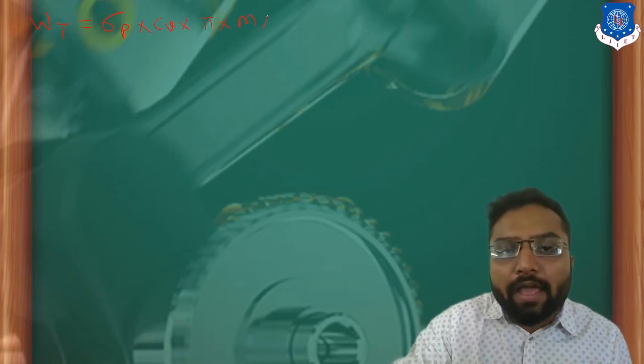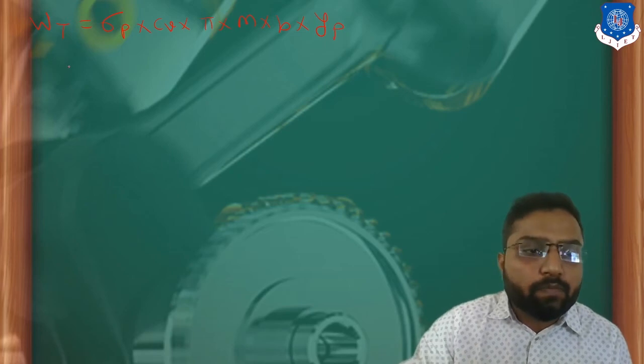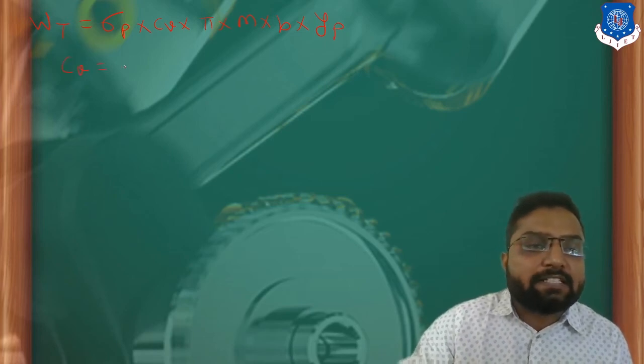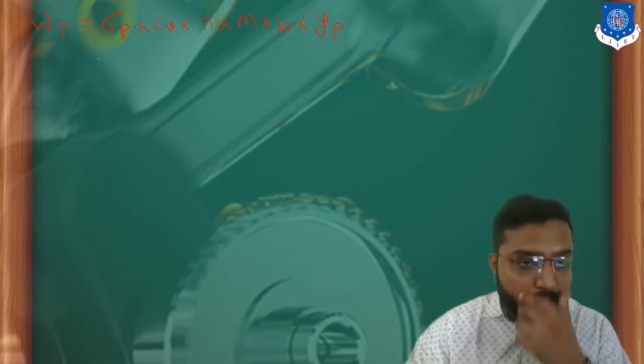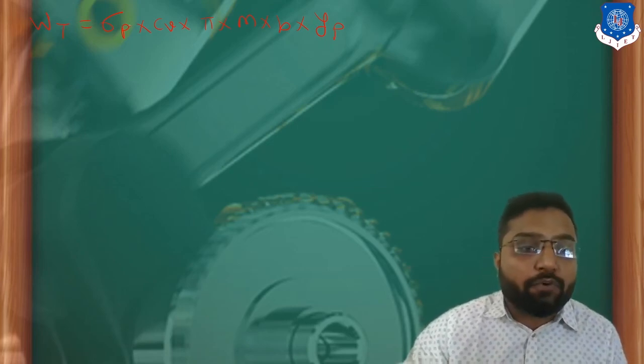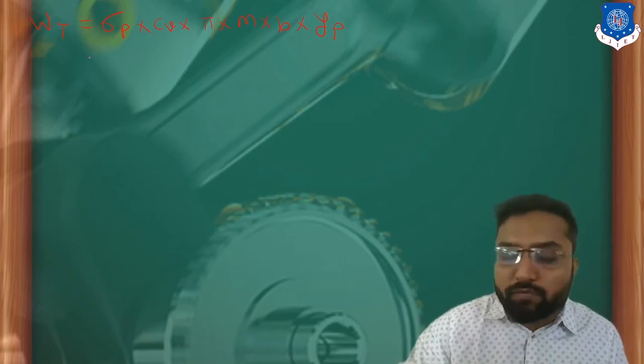WT is nothing but sigma P into CV into pi into module m into b into YP. So we have to find CV. We have that CV, which is 0.427 sigma P. So let's put those values.